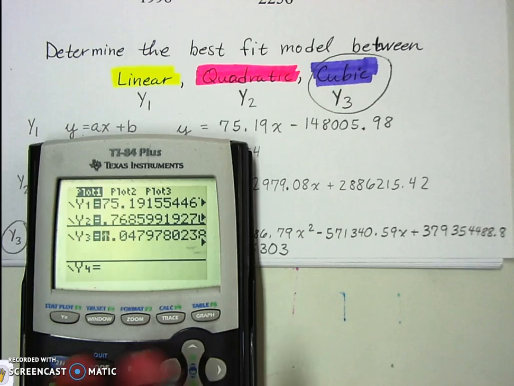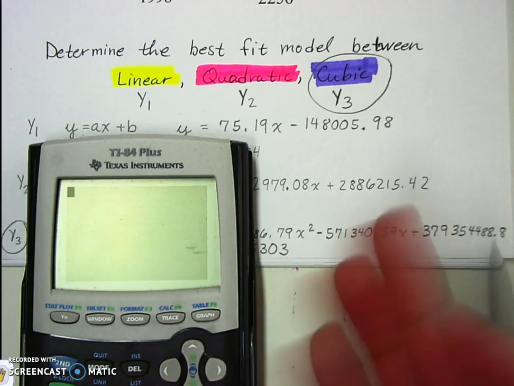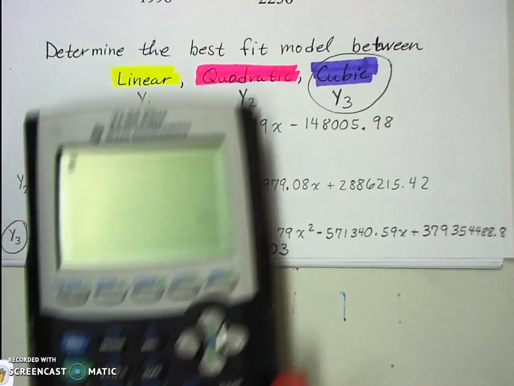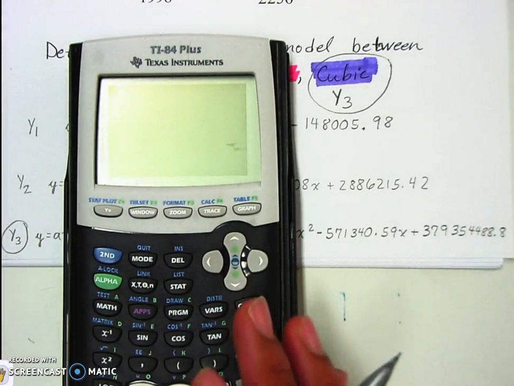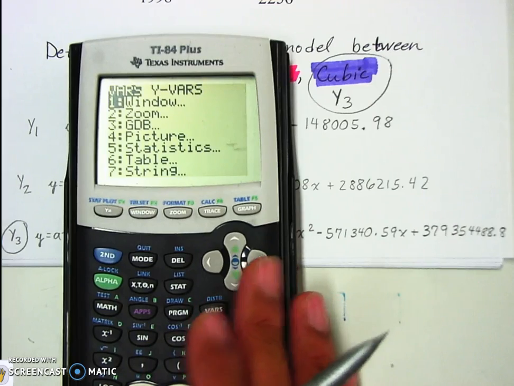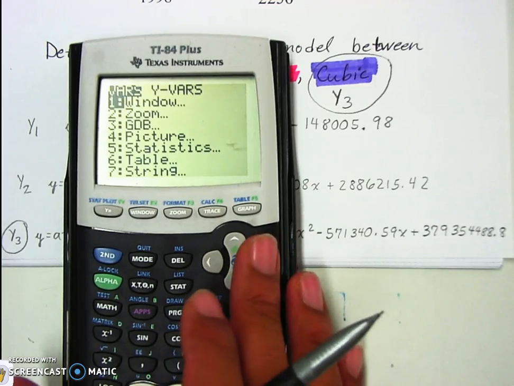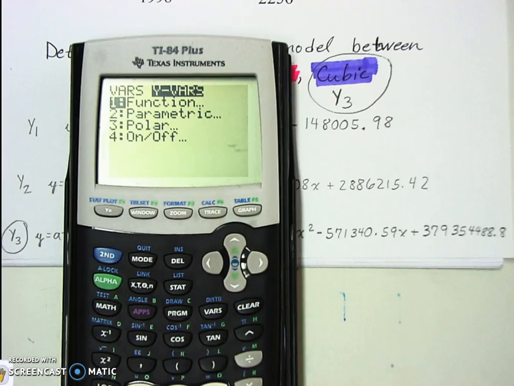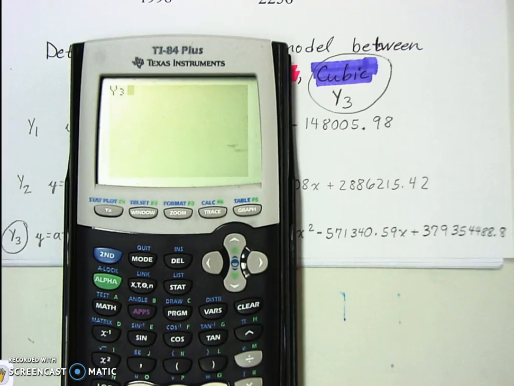So let's just do here. So let's say since y3 is the best, that means when we put stuff in the calculator to find out future value, we will do y3. So we go vars, to the right, 1, 3 this time to get the y3 on there.